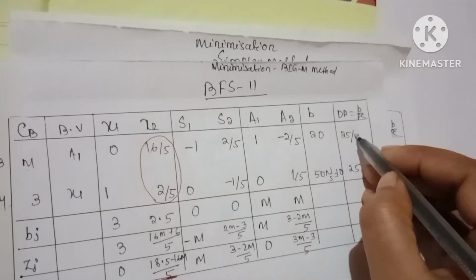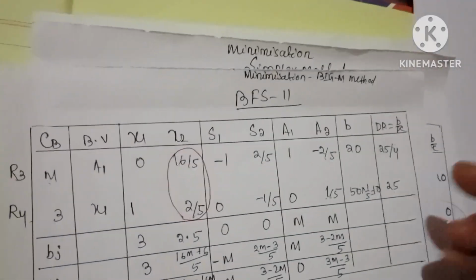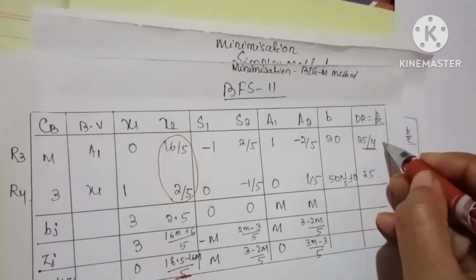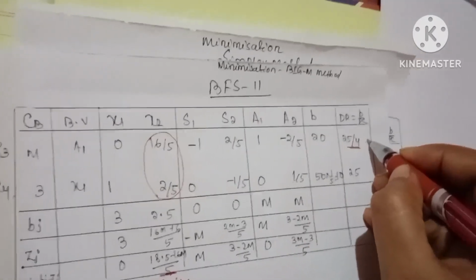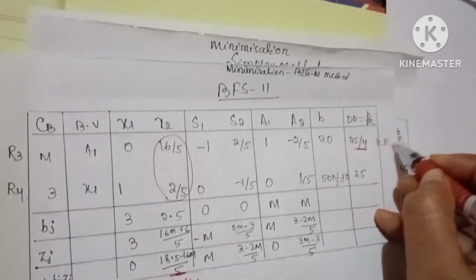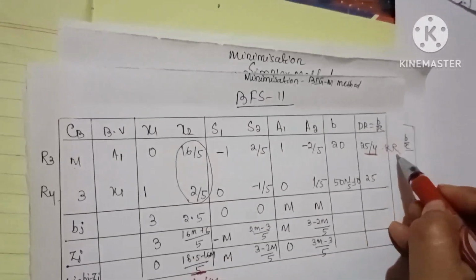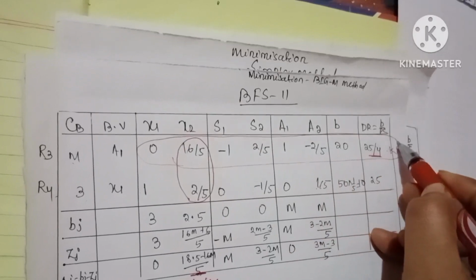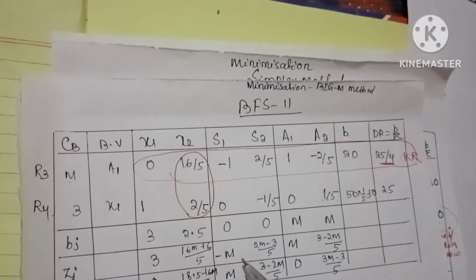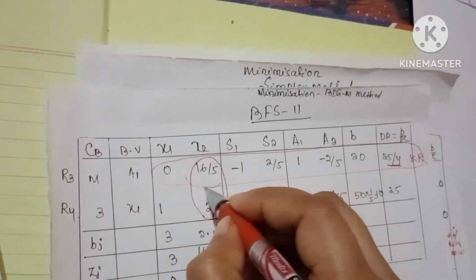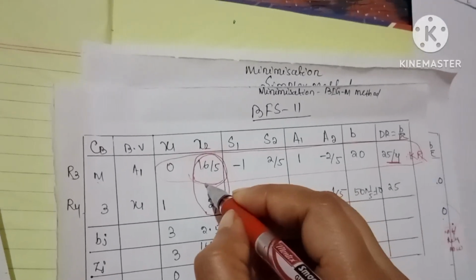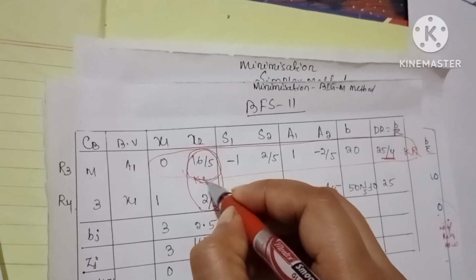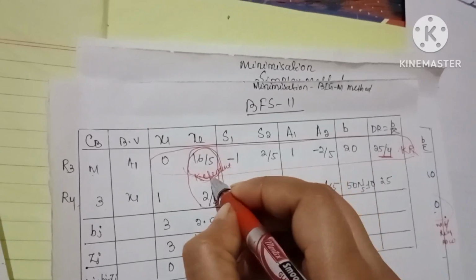This one is the smallest positive number, and this decides your key row. This is your key row. And the intersection of the pivot row and pivot column decides your key element. This is your key element.